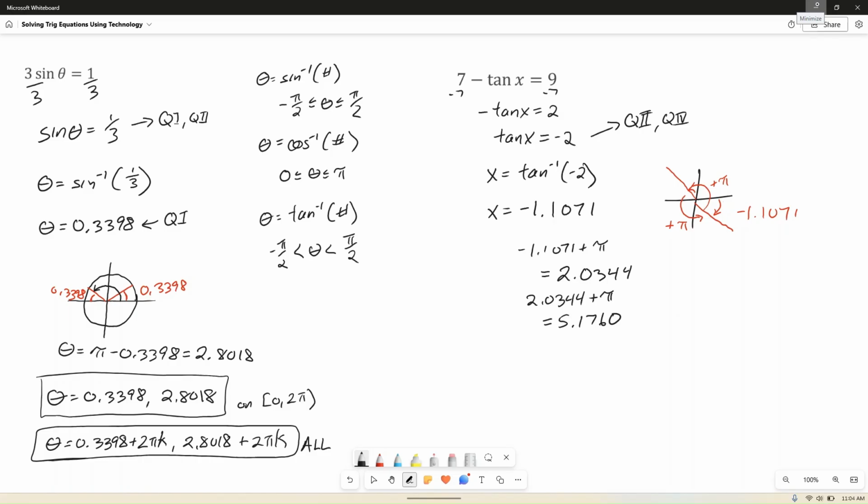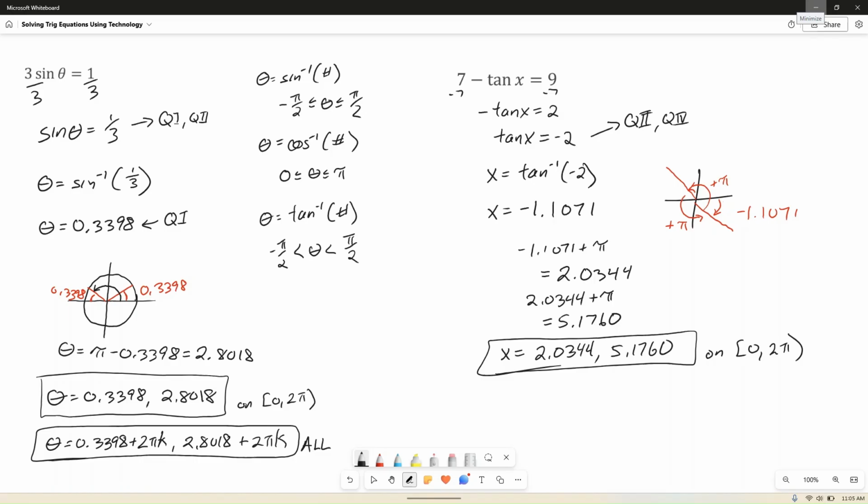Okay, so I can express my solutions as x equals 2.0344 and 5.1760. And again, those are the solutions on the interval from 0 to 2 pi. Okay.